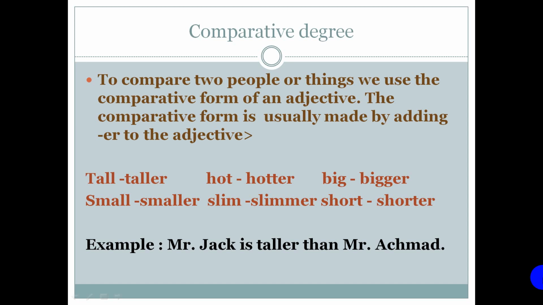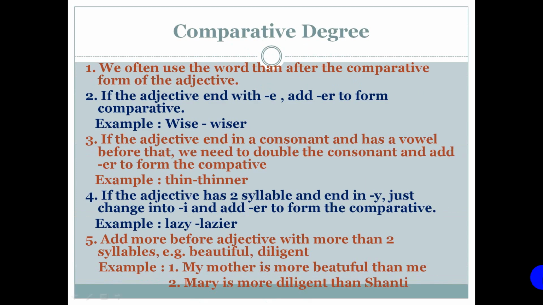For example, tall becomes taller, hot becomes hotter, big becomes bigger, small becomes smaller, swim becomes swimmer, short becomes shorter. For example, in the sentence, Mr. Jack is taller than Mr. Ahmad. We often use the word than after the comparative form of the adjective.